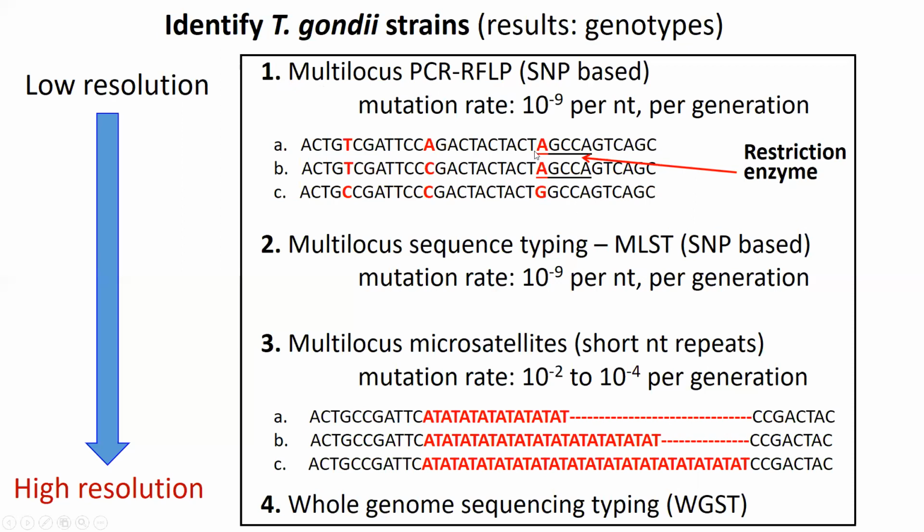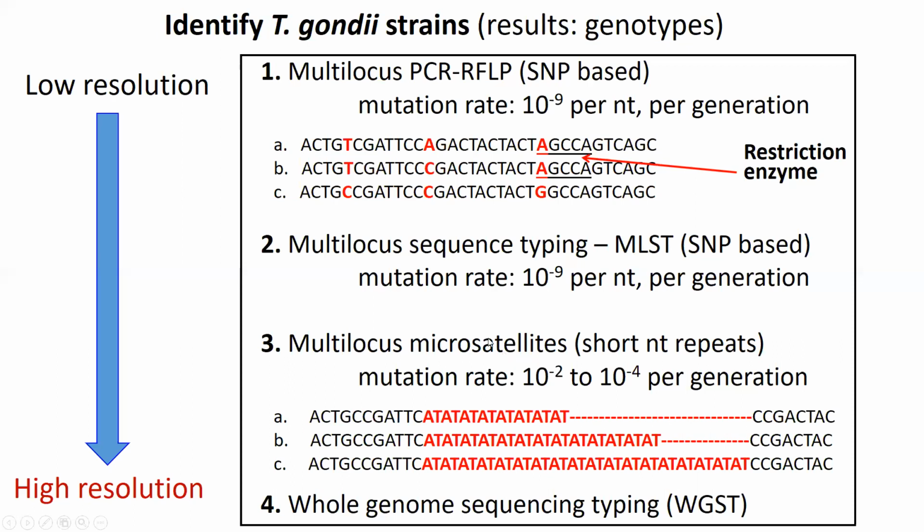If you look at the mutation rate of those single nucleotide polymorphisms, the mutation rate is very low, 10 to the minus 9 per nucleotide per generation. That means it takes a lot of replication to generate 1 difference. So that's why, in general, SNP-based typing has a lower resolution. And the third type is the multilocus microsatellite genotyping.